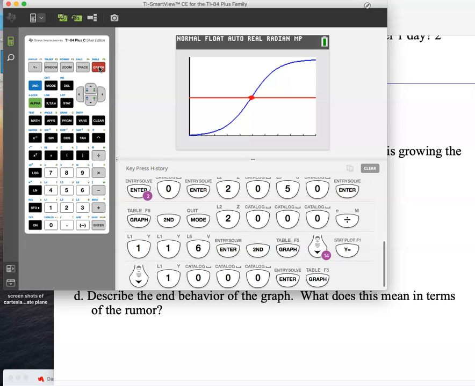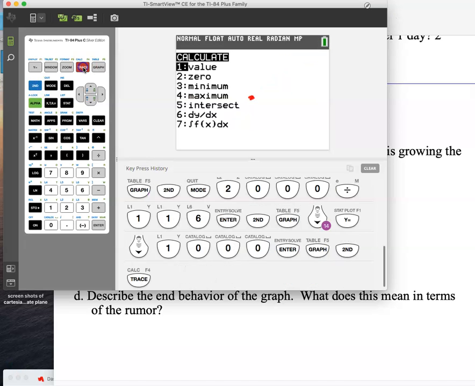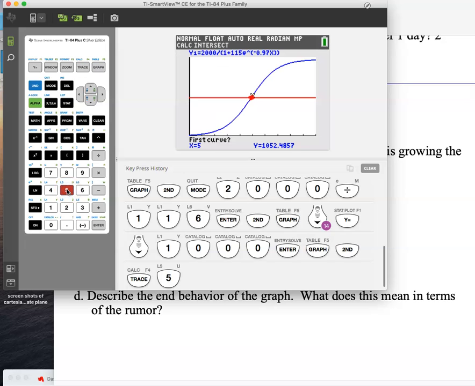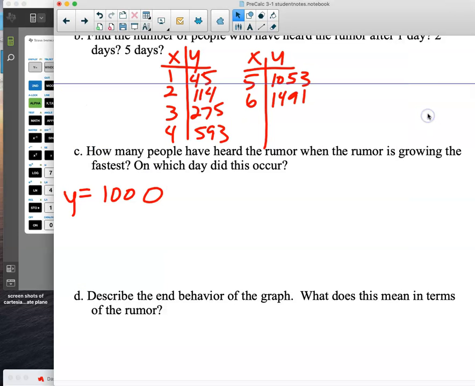So I'll let the calculator find that for me with second trace and then number 5 intersect. And since these are the only 2 curves I have in here, I can just go ahead and hit enter through first curve, second curve, and take a guess. And here I see it's going to be 4.892 to 3 decimal places.